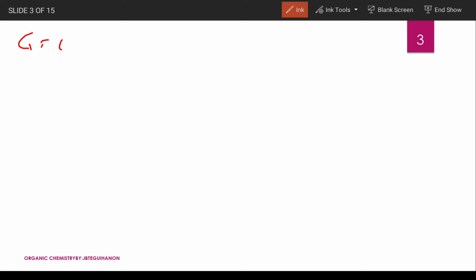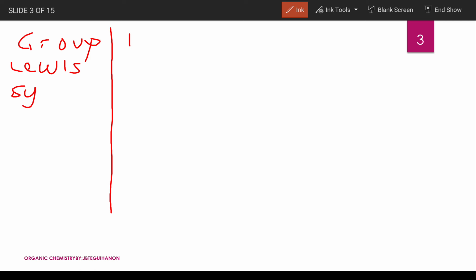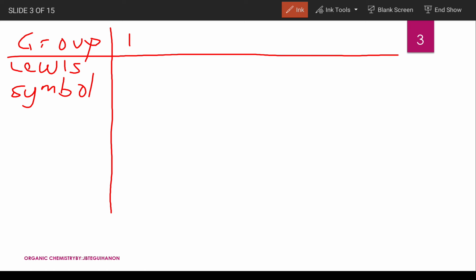Group, okay, you have group 1. Then in group 1 you have a Lewis structure or Lewis symbol, and it's going to be like a table type.